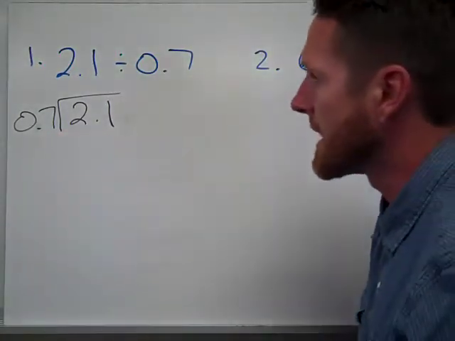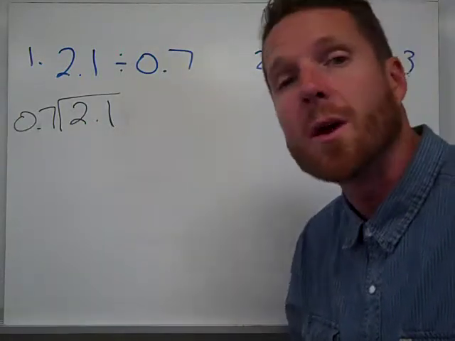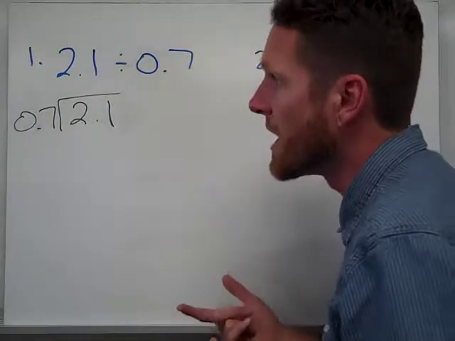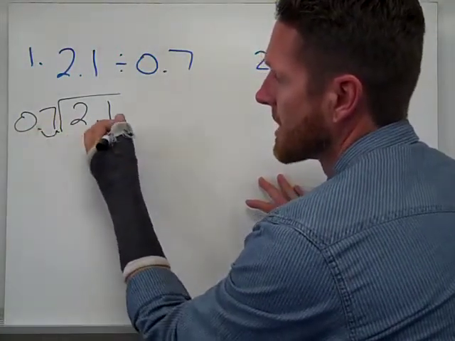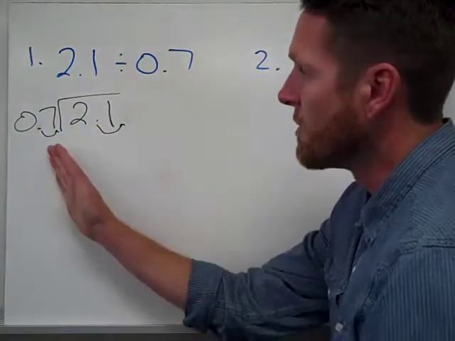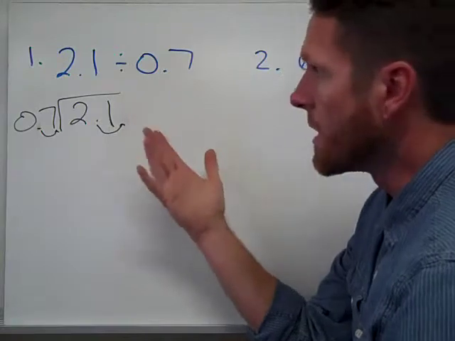So let's multiply these by 10. There's a quick way to do it and a long way. The quick way is just knowing that when I multiply this by 10, this decimal is going to move over right here, and this decimal is going to move over right here, each one place value to the right. Or I multiply it out.